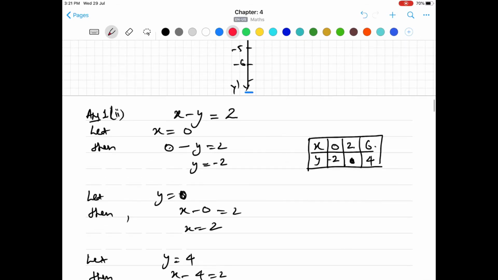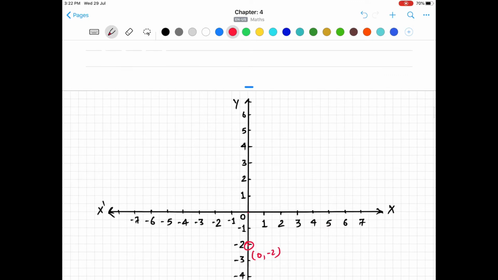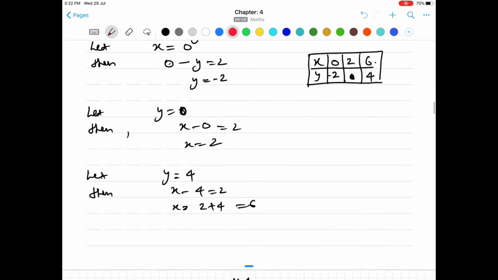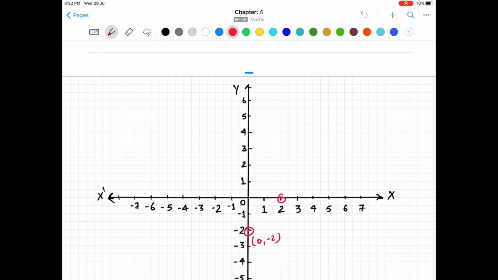Then we have taken x equals to 2 and y then will be equals to 0. Starting from here, x equals 2 is here and we don't have any value of y, so we'll stay here. Last one is x 6 and y 4. x 6 is here and its y 4 will be here.